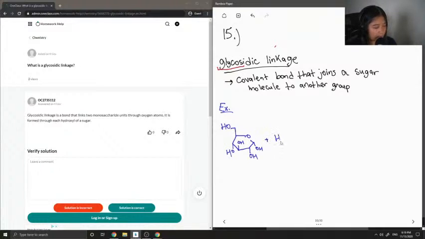And I wanted to add it with ethanol. Its final structure would look like this.